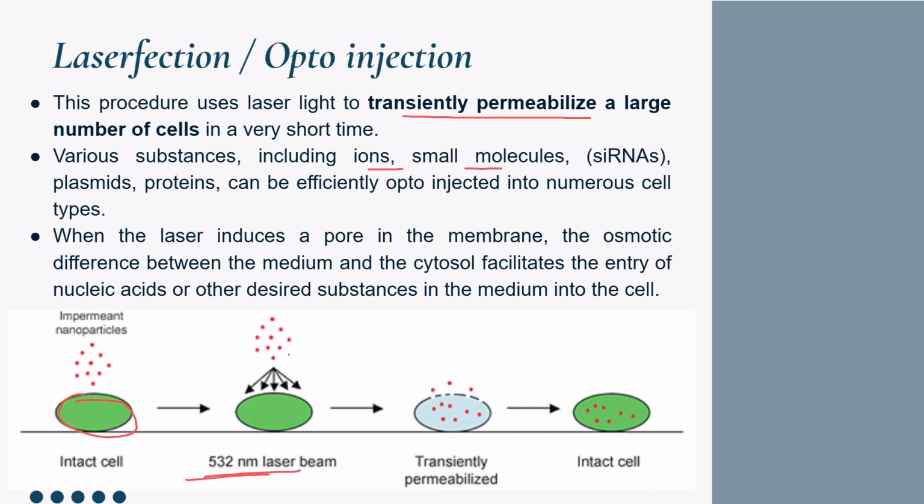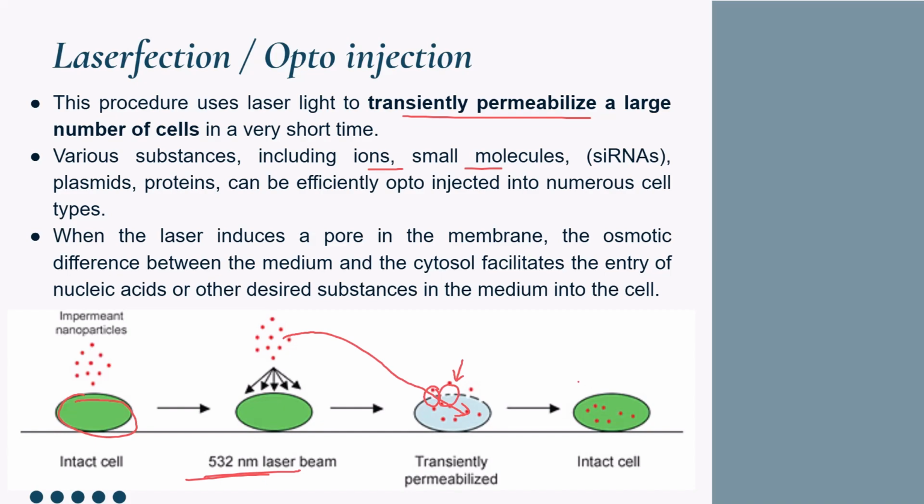The laser beam causes pore formation or transient permeabilization of the membrane surface, due to which the nanoparticles get incorporated into the cell. When the laser is removed, the cells heal, and we get the target molecules inside the cells.